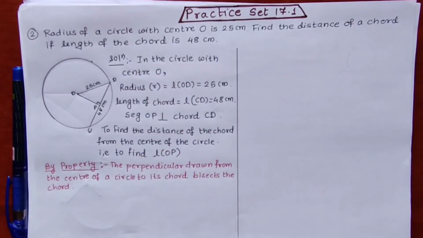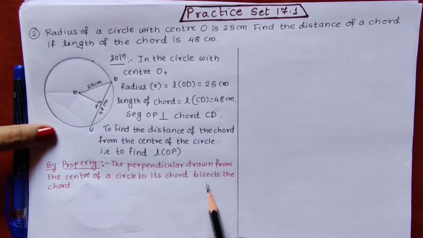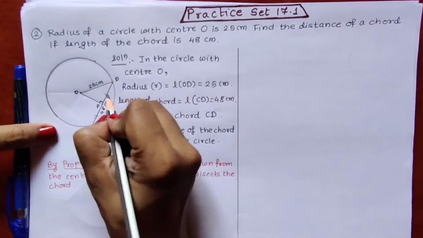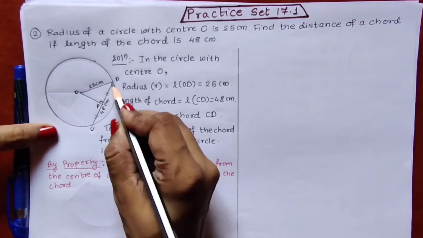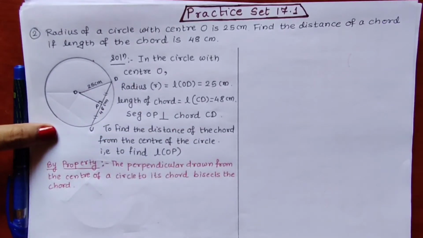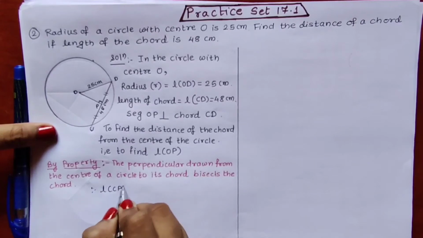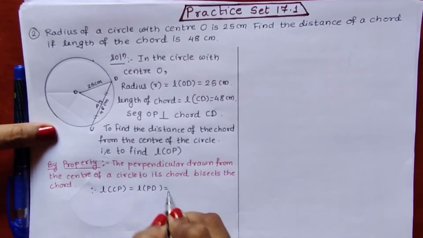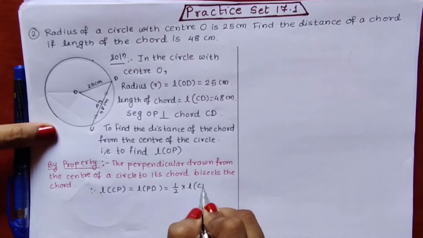Now that means this chord is divided into two equal parts. Which two equal parts can we see here? CP and PD. This CP part is equal to PD. So let us write, therefore, length CP is equal to length PD, and they both are equal to half of length CD.